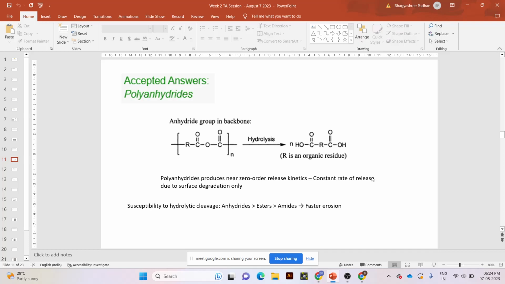Polyanhydrides produce near zero order release kinetics and a constant rate of release due to surface degradation only, and the hydrolysis takes place on the surface. Here is a comparison of the hydrolytic cleavage between different bonds, anhydrides versus esters and amides. Anhydrides have faster erosion compared to esters and then amides.